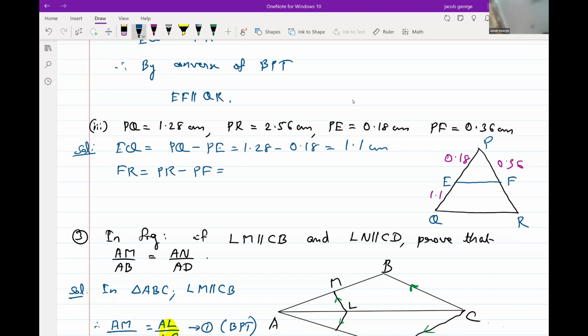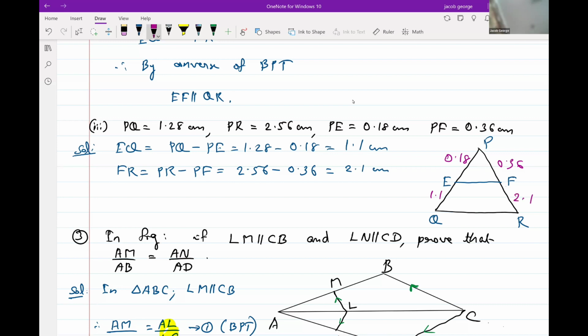PR is 2.56. And PF is how much? 0.36. So what is that difference? That difference is 2.2. So this part we got 2.2.